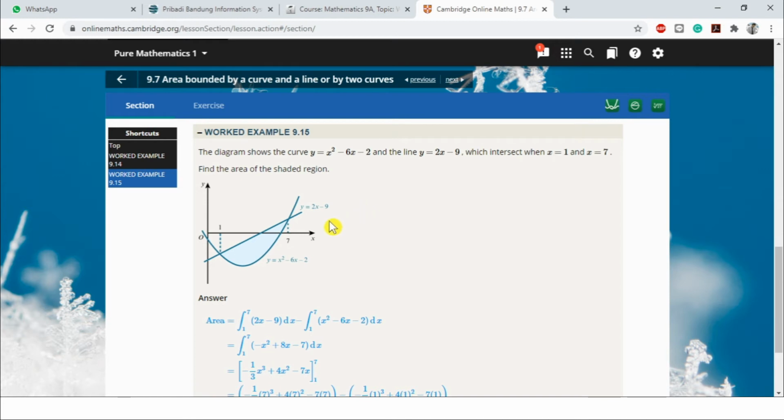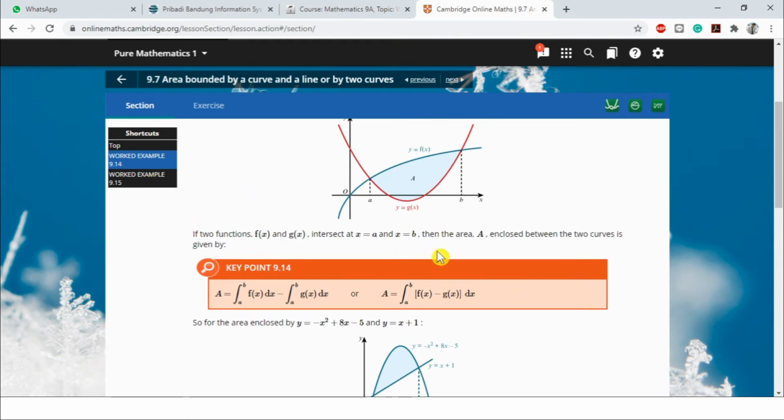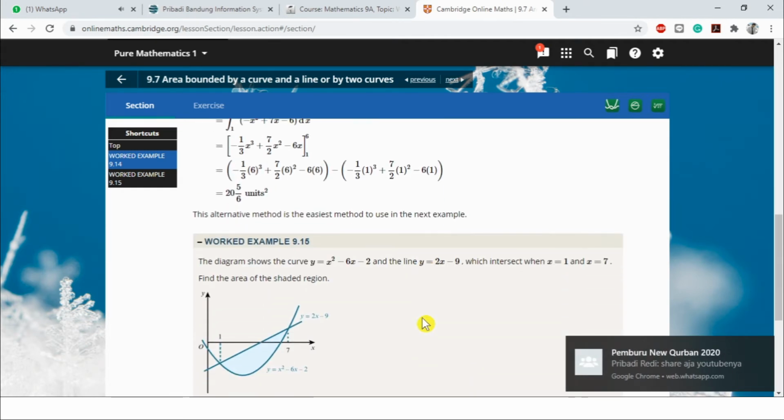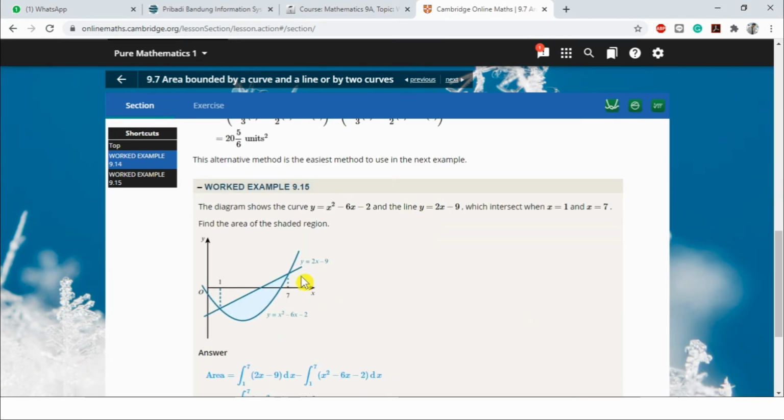To find this, according to this formula or rule, it is the upper one subtracted by the lower one.